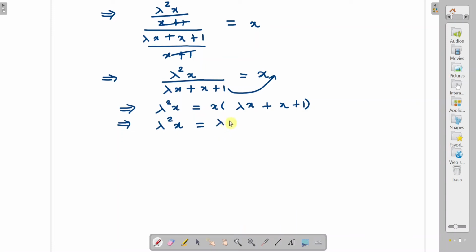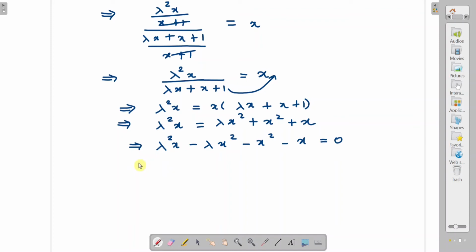So we will get λx² plus x times x is x² plus x times 1 is x. Now we will take all the terms which are on the right hand side to the left hand side. So λ²x minus λx² minus x² minus x equal to 0.